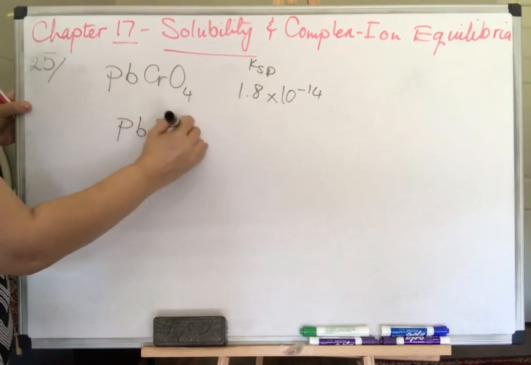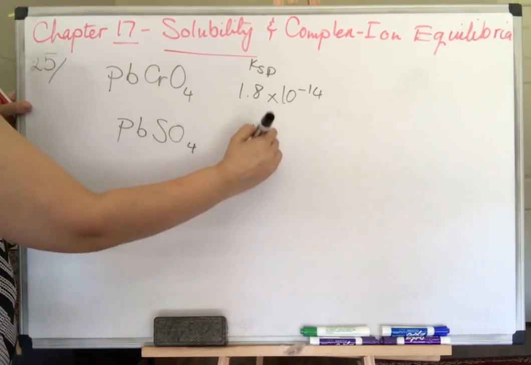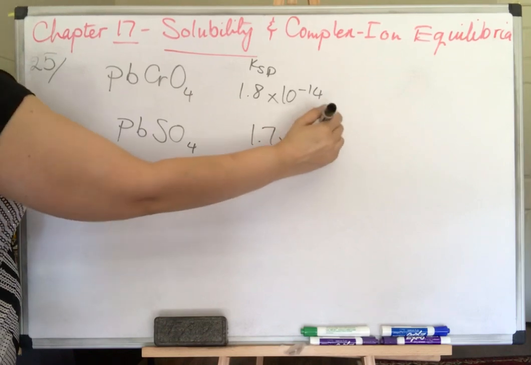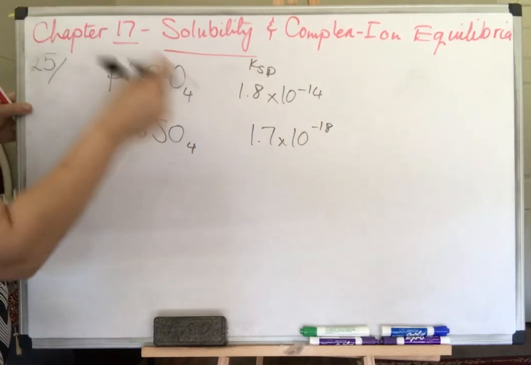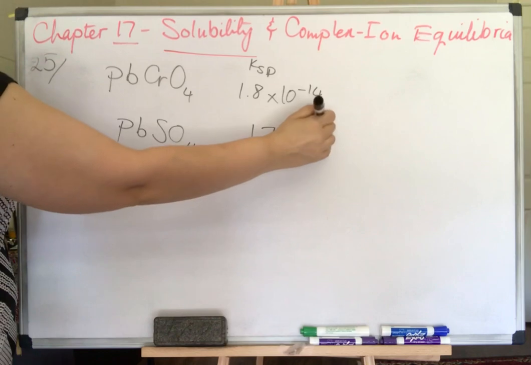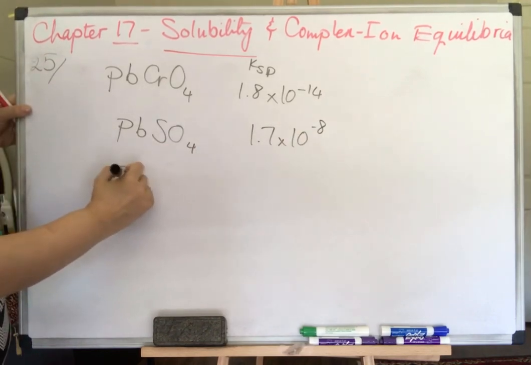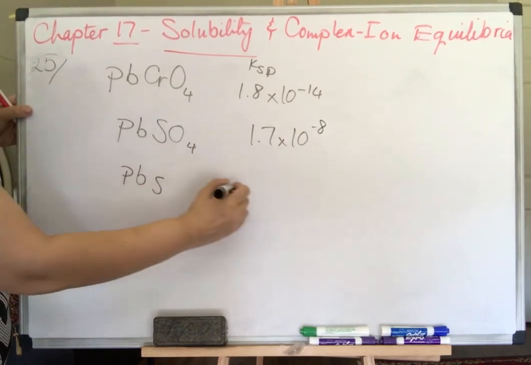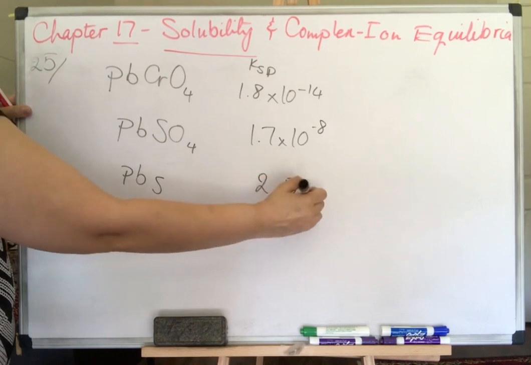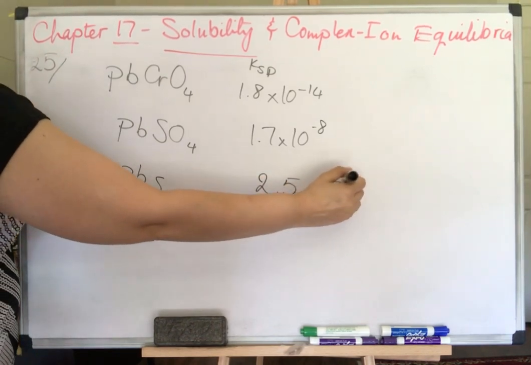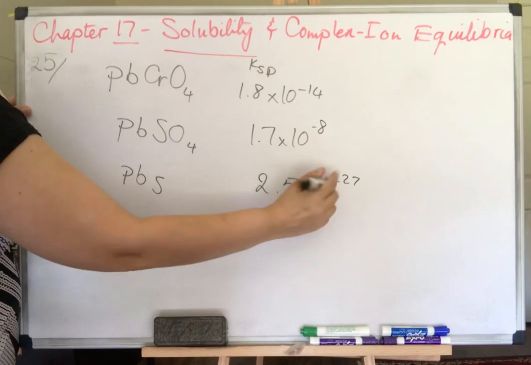PbSO4 is 1.8 times 10 to negative 8. And for PbS, you have 2.5 times 10 to negative 27.